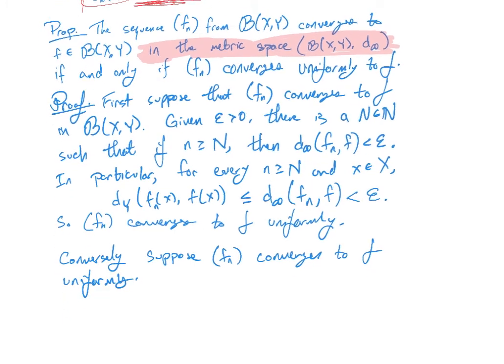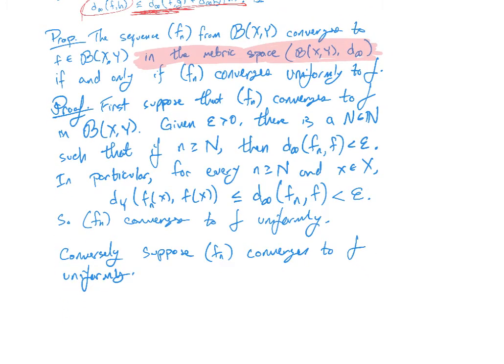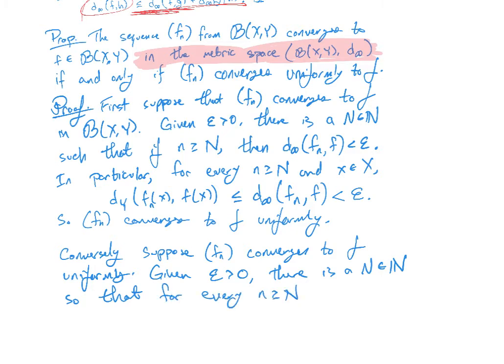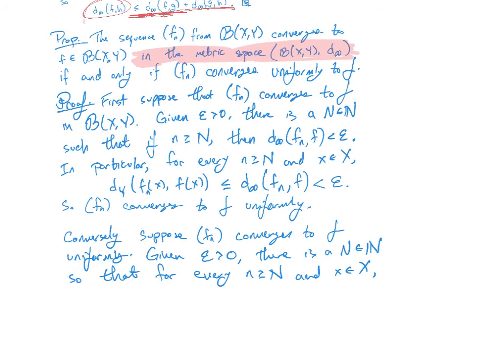Now what that means, this is back to Friday's definition, given epsilon, there is a capital N, so that for every little n at least capital N, and every point x in X, the distance in Y between Fn of x and f of x is less than epsilon.